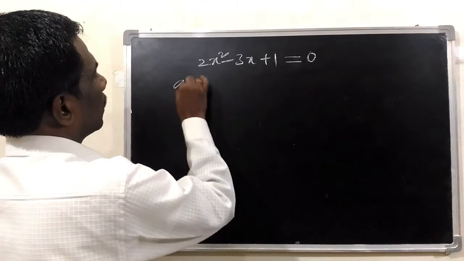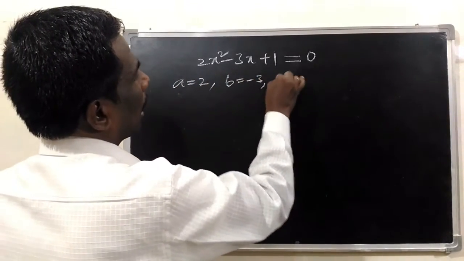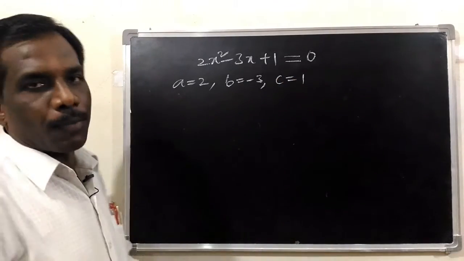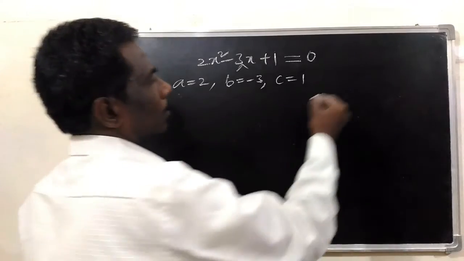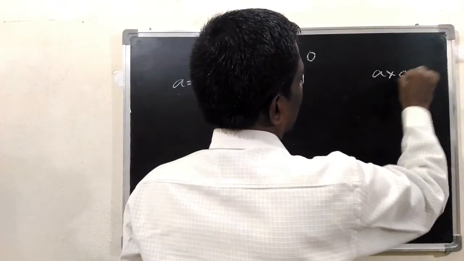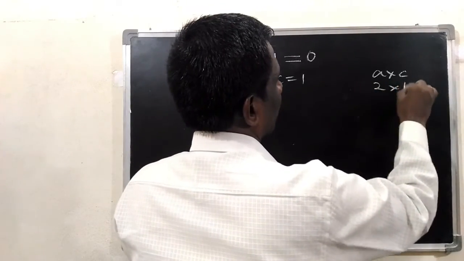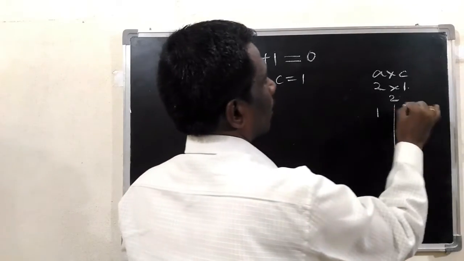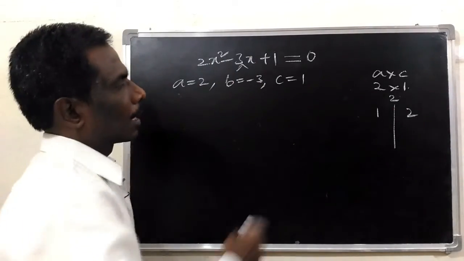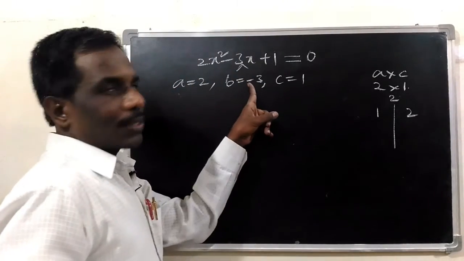Here a equals 2, b is minus 3 and c is 1. I am going to do splitting the middle term. So for this, write a into c. a is 2 and c is 1. 2 ones are 2, and the factors are 1 and 2. And 1 plus 2 is 3, but it is minus 3.